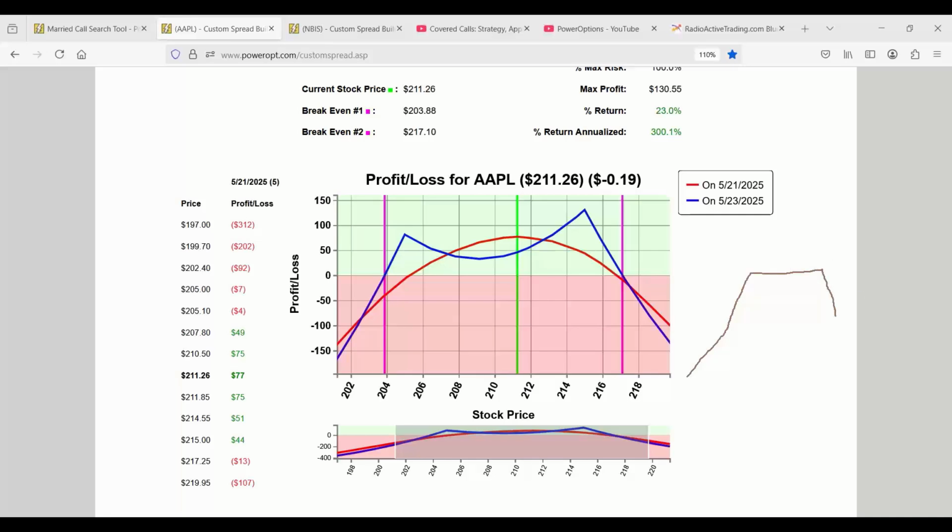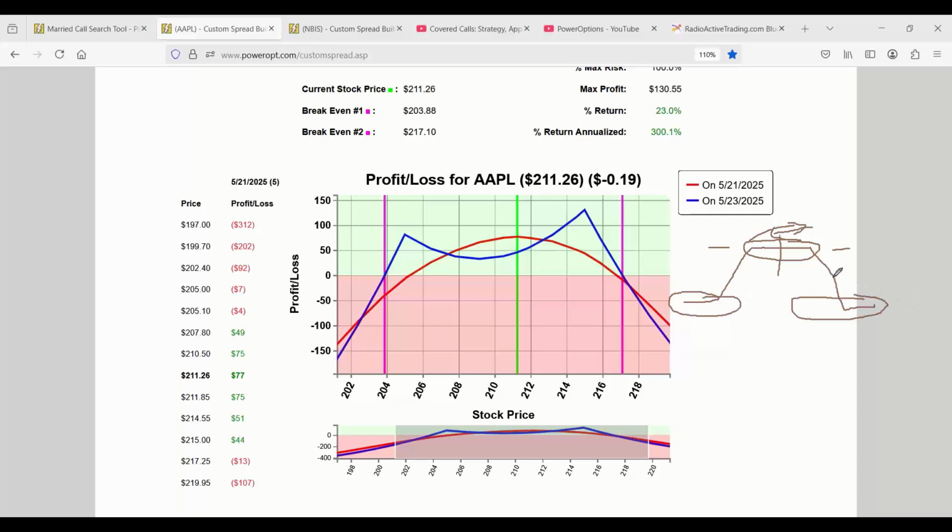Sorry, folks. Let me draw that better. Why? Because in this range, if I'm neutral, I have a set profit if the stock stays below the short call or above the short put. I have a known risk on the outside wings.